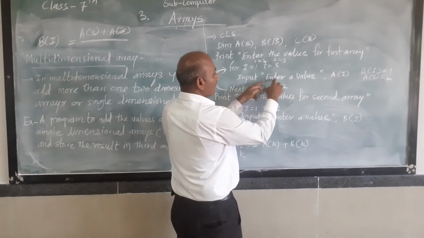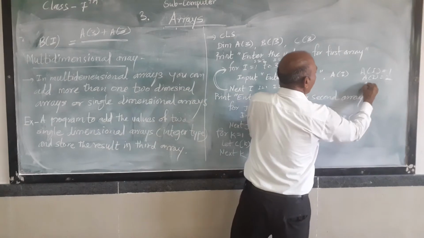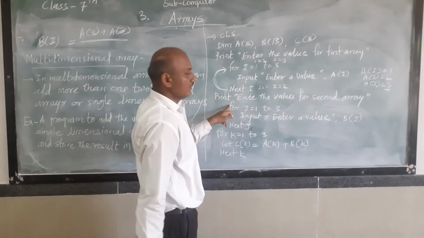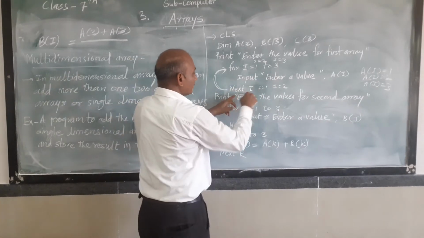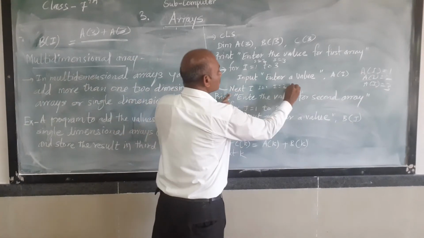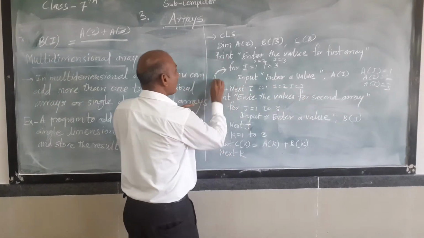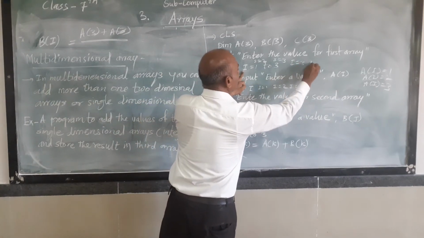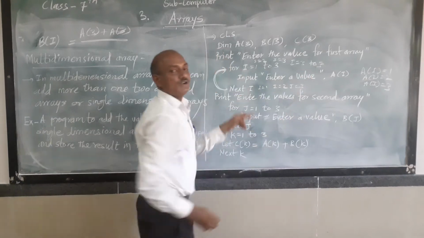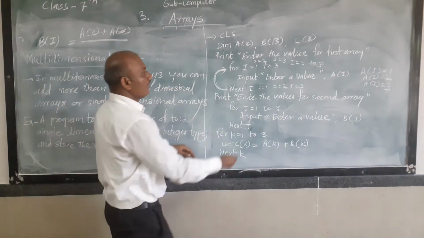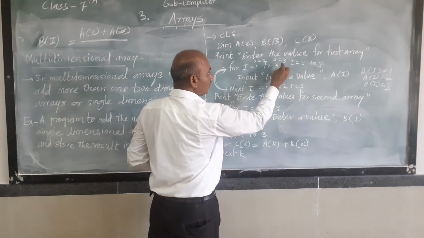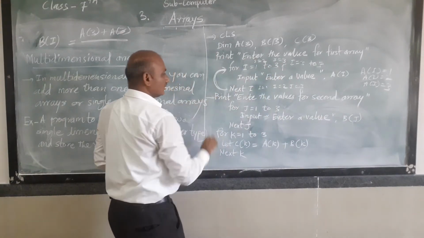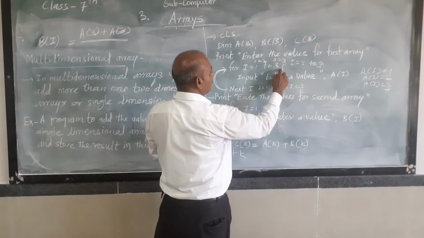Enter the value a of I, I is equal to 3. Then the cursor checks I is equal to 3 to 3. The condition is true, so the cursor comes directly to the next position.